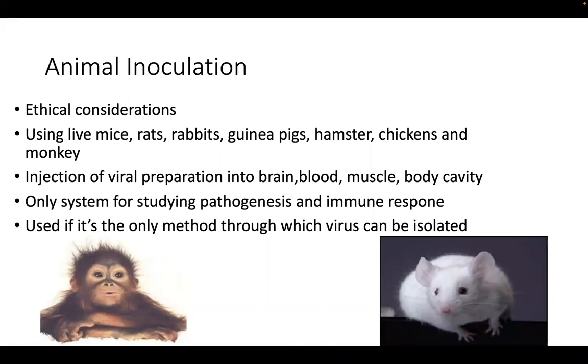And this is suitable for studying pathogenesis and immune response because you can easily see the immune response. For example, when you infect, let's say, a monkey with a certain virus, you can also study the pathogenesis, where the virus is developing and replicating and which other sites it's infecting. So that can be studied using animals.